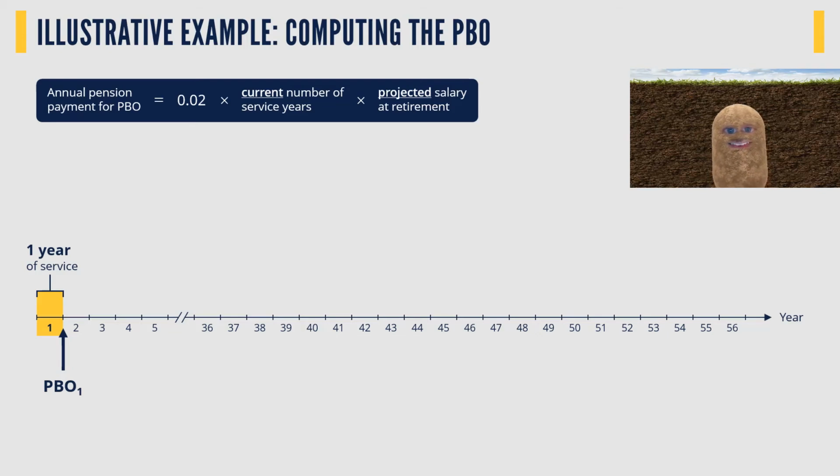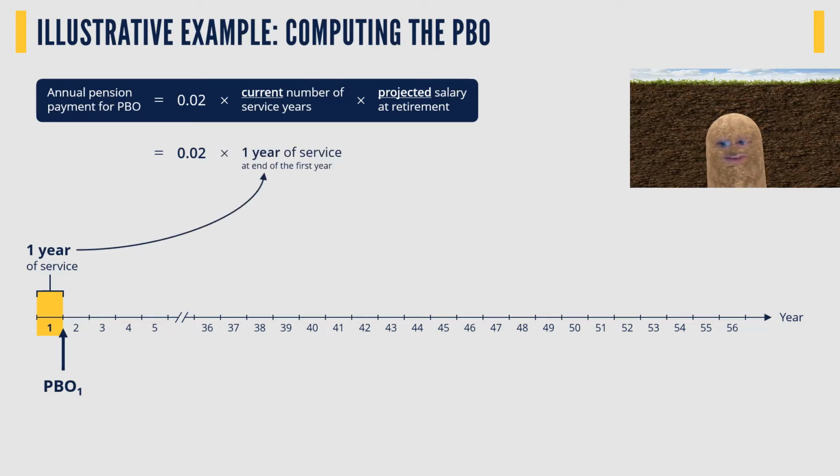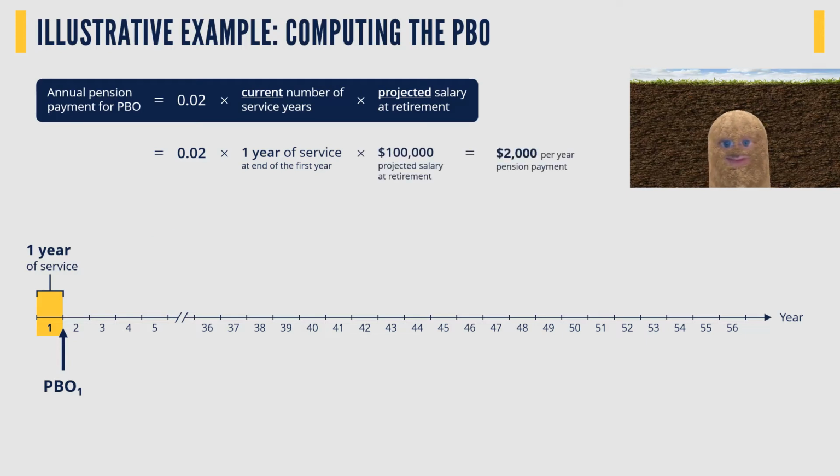So here we go. We're going to take 2%, according to the formula, times the current number of years of service, which at this point is 1 whole year. Then we are going to take the projected salary, which we determined was going to be 100,000, compounding it at 3%.